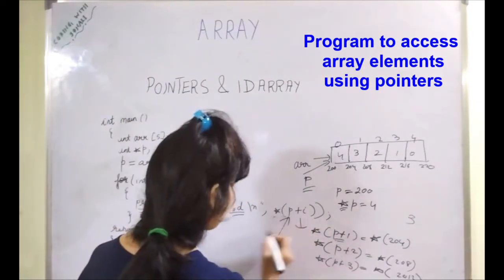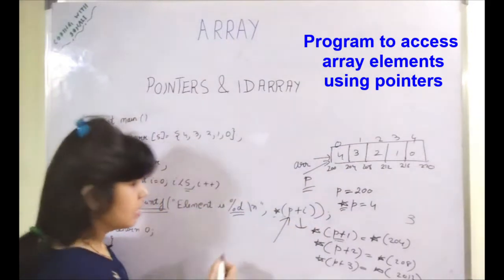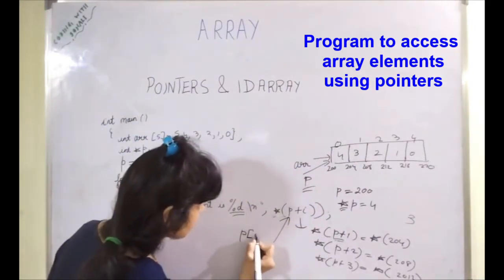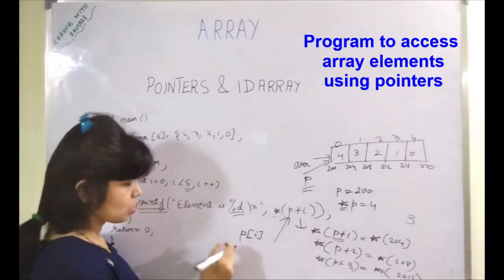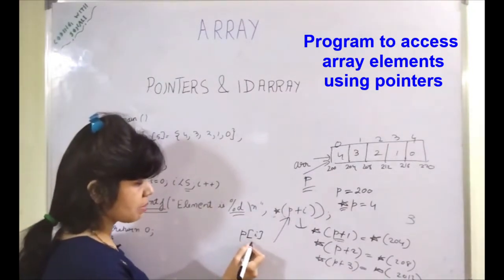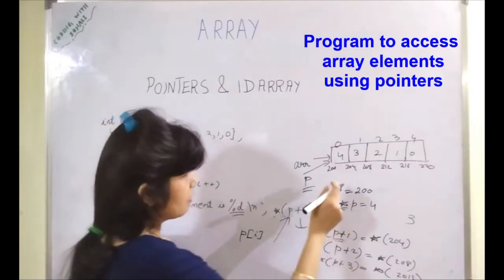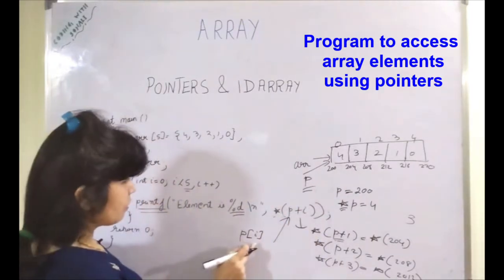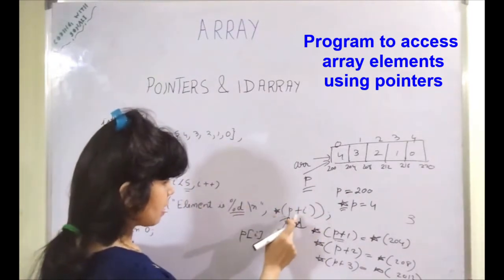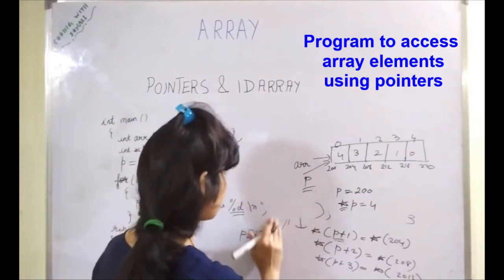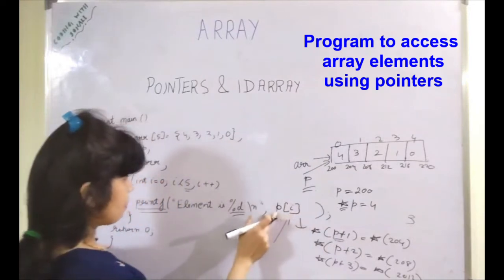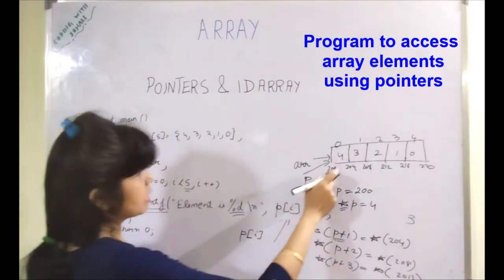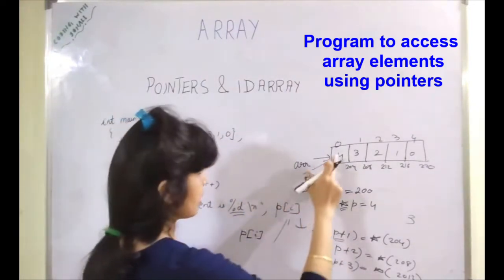Also, how can you represent this *(p+i)? Simply you can also represent it like this, same as the array subscript. The name of the pointer p and the subscript. So p[0], that is when i is equal to 0. If I don't write this *(p+i), if I simply write like this, what will happen? p[0] will give me this element value, that is 4.